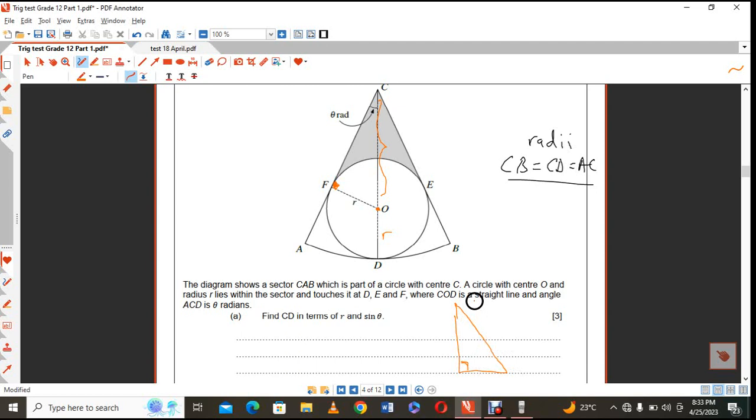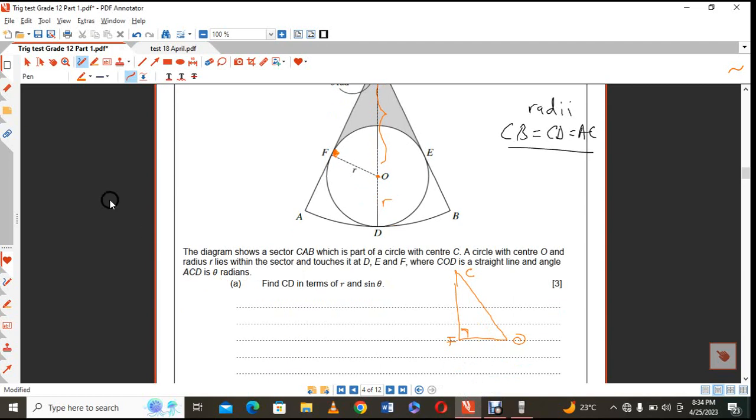This is CO, which we are supposed to find, and this is F. Then O to F. Let me fill in the missing information: this here is an angle theta, in radians, and this is r. If you look at how to find CO using our ratios, we have opposite over hypotenuse.